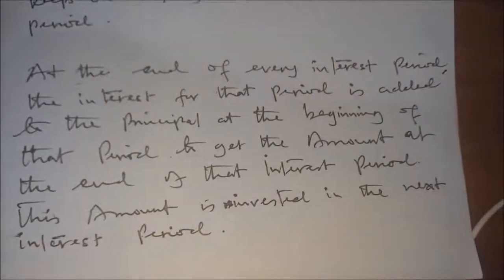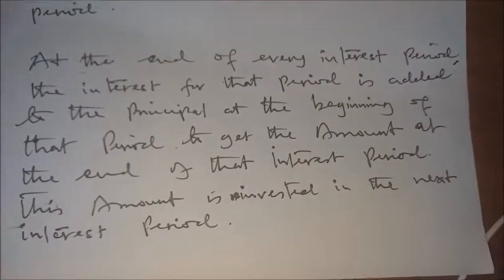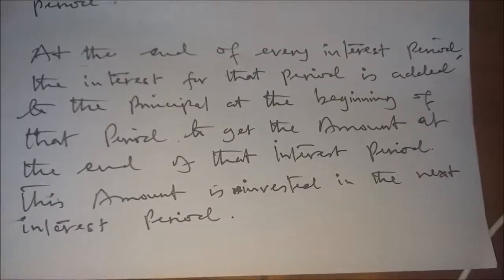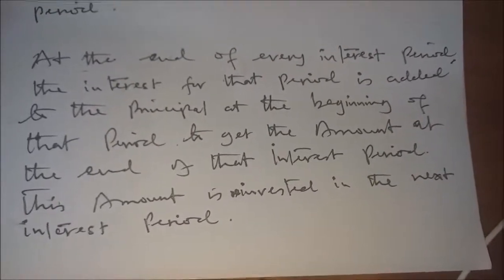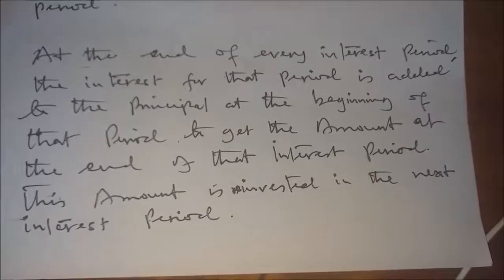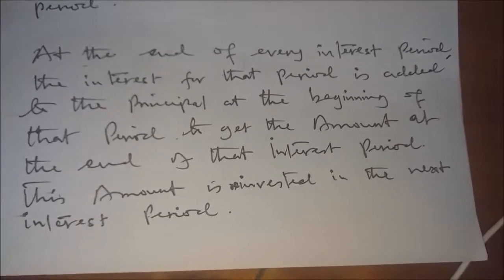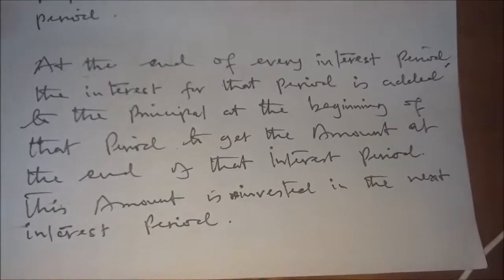At the end of every interest period, the interest for the period is added to the principal at the beginning of the period to get the amount at the end of that interest period. This amount is reinvested in the next interest period.